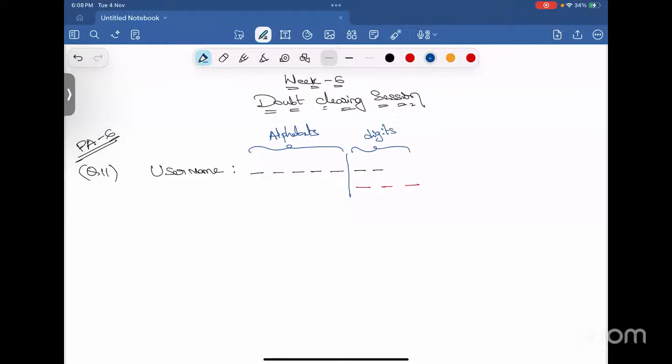The password must contain 7 characters, out of which the first 2 are alphabets followed by a 5 digit odd number. Okay. So next it talks about the password.